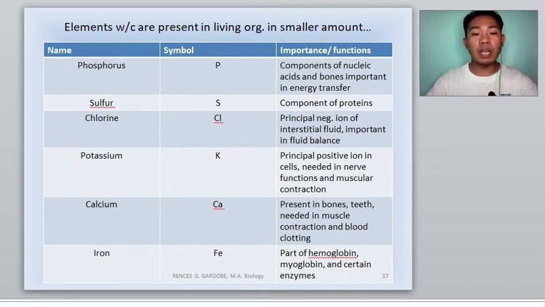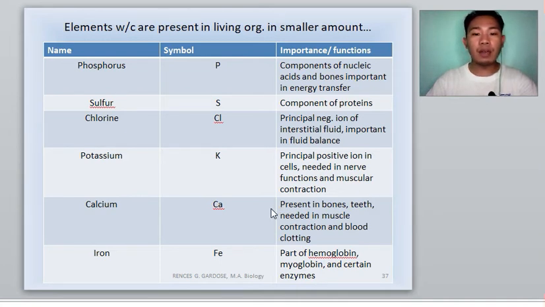That is why there are conditions known as hypokalemia, wherein there is a low level of potassium, and some patients cannot stand because of this low potassium, because of its function in muscular contraction.